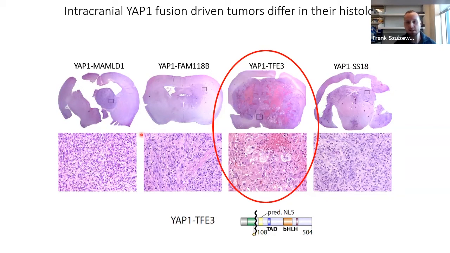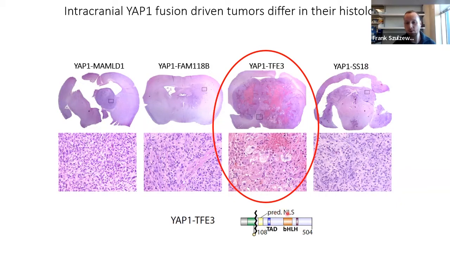And when we inject these different fusions in the brain in our mouse model, we also get tumors, and you can see that these fusions cause tumors that look very different among each other. And especially for YAP1 TFE3, these tumors that we generate, again, it's not EHE, but we see that the histomorphology of these tumors is very different compared to both non-fusion oncogenic YAP1 and also the different YAP1 fusions, showing that the function of YAP1 TFE3 is very different to these other fusions.